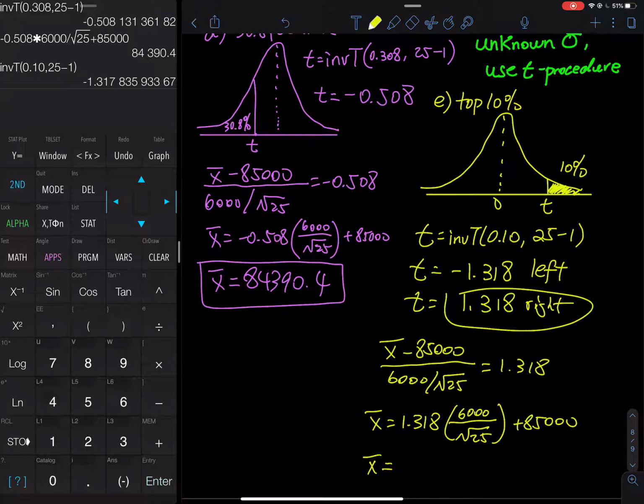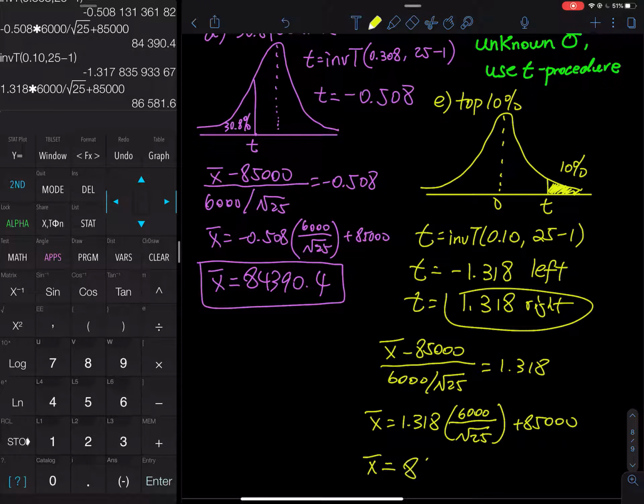You have x bar equals 1.318 times 6,000 divided by the square root of 25, and then you add 85,000 to it. So that is 86,581.6. Okay, so if your income is this number or above, then you are in the top 10%.